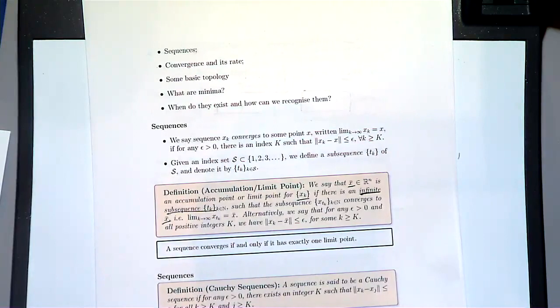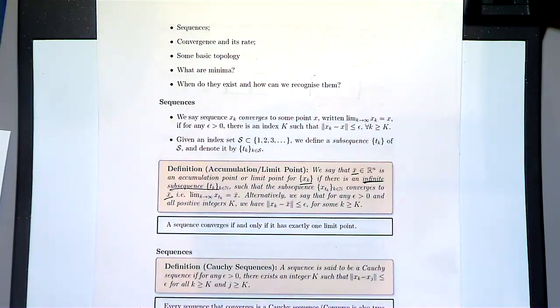So I have a bunch of numbers. They can be all over the place. There are by construction infinitely many of them. If I can find an infinite subset of these numbers that converge somewhere, we say that the point the subsequence converges to is a limit point or an accumulation point.